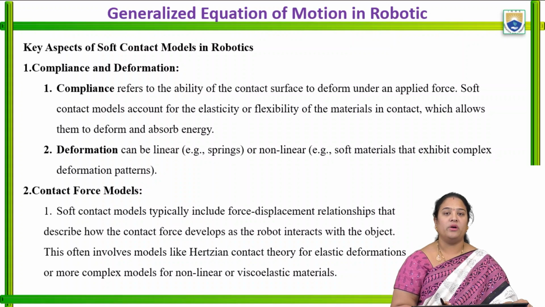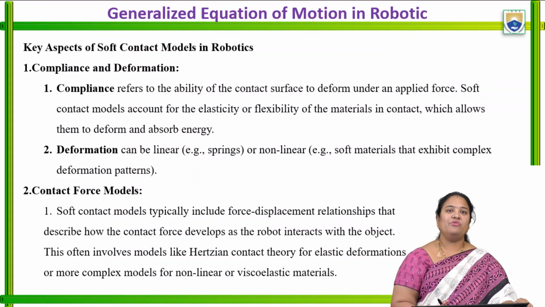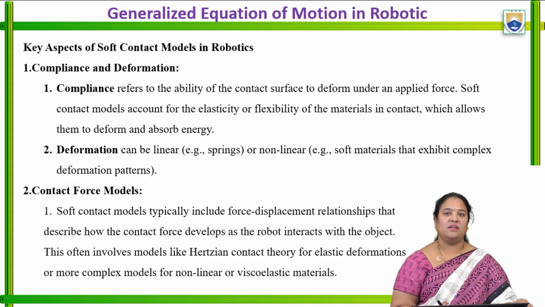Next are the key aspects of soft contact models. What are the important key aspects that we need to consider? They are compliance and deformation, and contact force models. Compliance and deformation make the model more adaptable to applied forces.